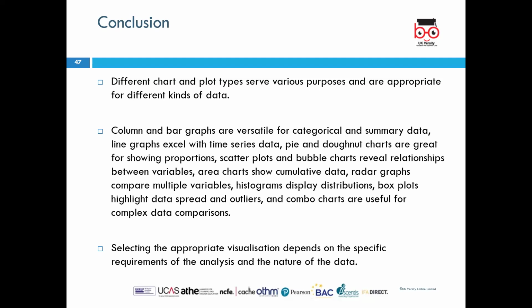Area chart will now show cumulative data. Radar graph will now compare multiple variables. Histogram will now display distribution. Box plots are going to highlight data spread and outliers. And combo charts are useful for complex data comparison.